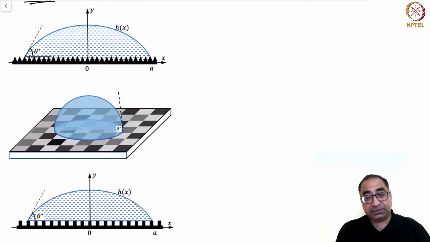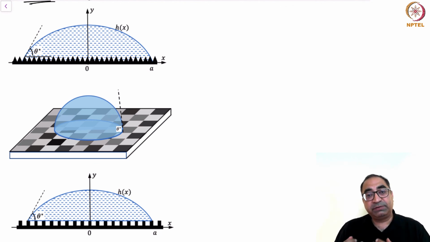When I say rough surface, the common thing that one may be accustomed to thinking about is a physical roughness. But if you're talking about only wetting, where surface energies are important, you can also have a situation where it could still be a smooth surface, but it's not really a chemically homogeneous surface. An idealized chemically heterogeneous surface could be illustrated as seen in the second figure: you have a droplet sitting on a checkerboard pattern where each square has a slightly different color.